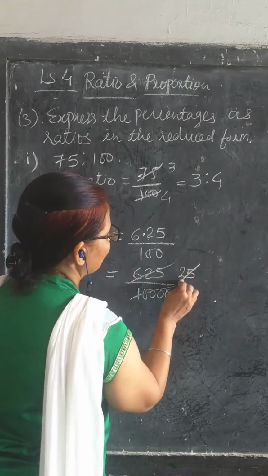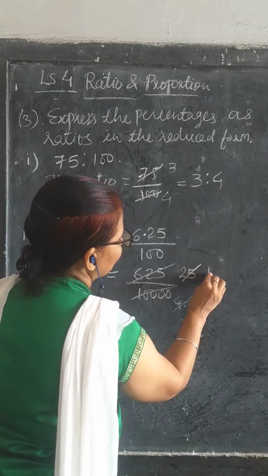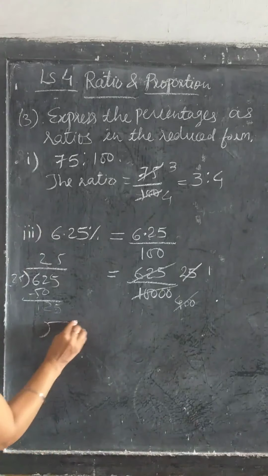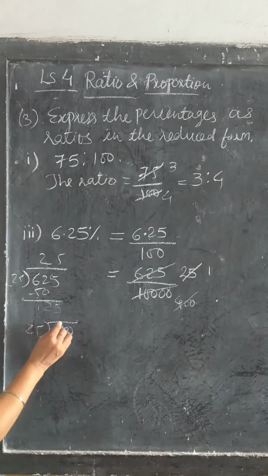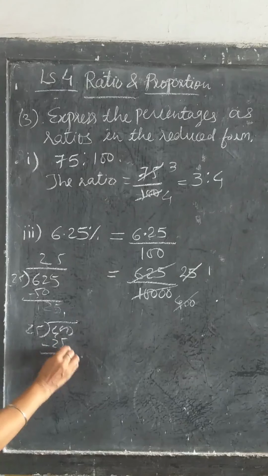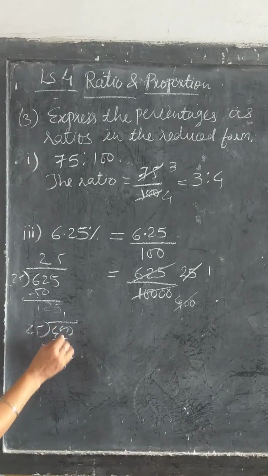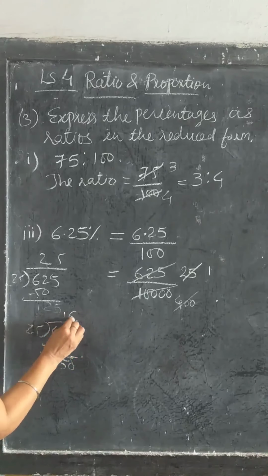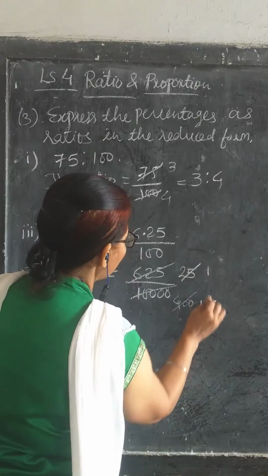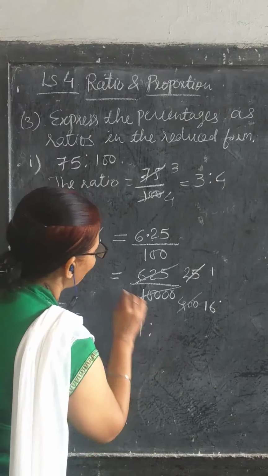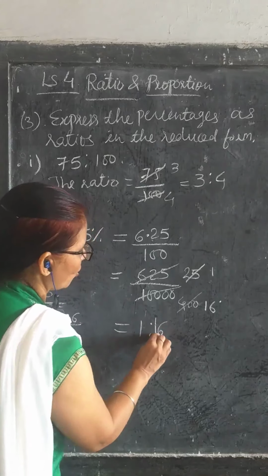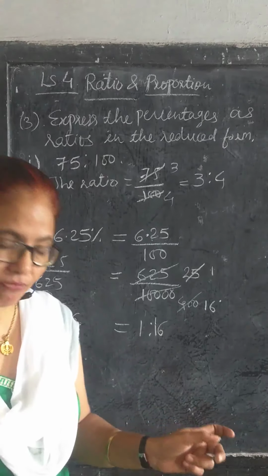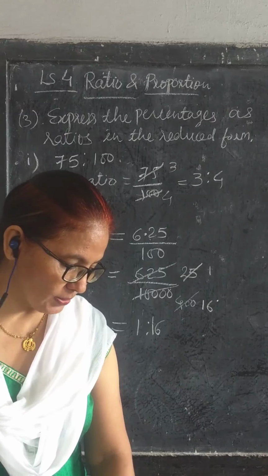Now again you can divide it by 25. So here what will we get? 25 1s are 25, and 400 divided by 25 gives 16. So we get 1 by 16. So the reduced form of this given percentage is what? 1:16.